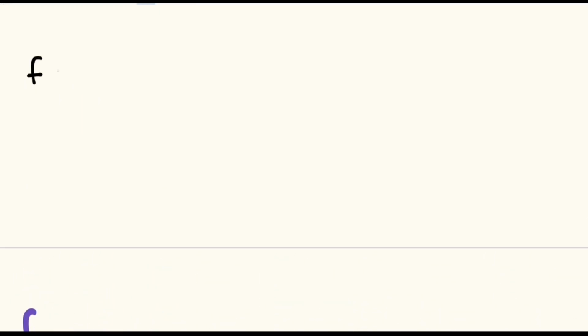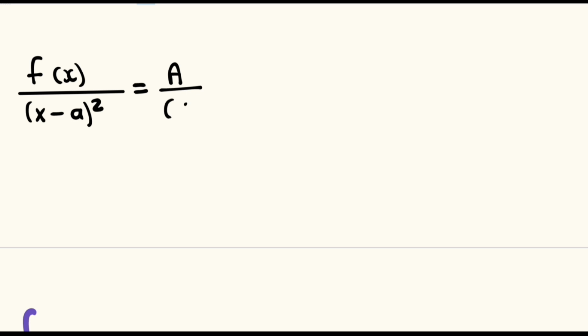Suppose we had a function f of x which has a lower power than the denominator, f of x divided by x minus a squared, then the decomposition will be equal to a divided by x minus a plus b divided by x minus a squared.